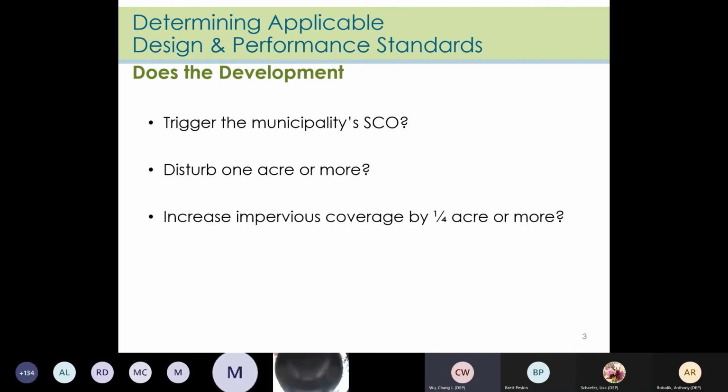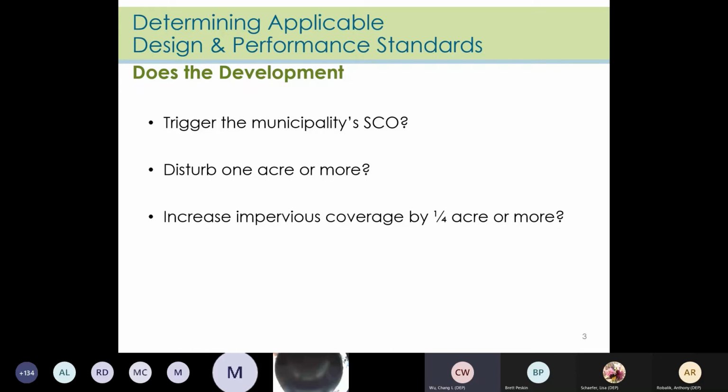So we're always asking whether this project is a major development. So you have to look at what the SCO says, and whether the SCO defines major development only as 1 acre of disturbance or more, or the SCO also includes the impervious coverage.